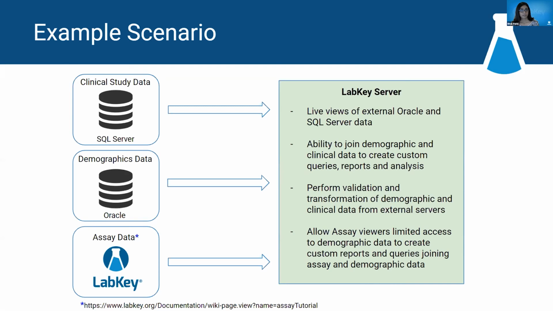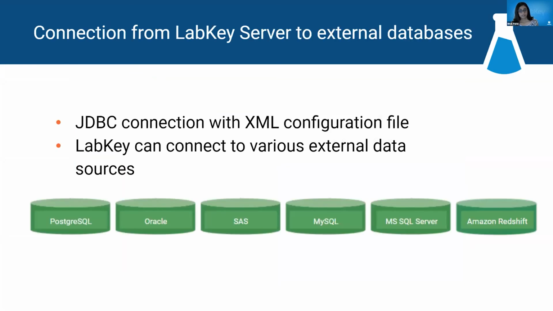So before we can do anything with these external data sources, we need LabKey to connect to them, and that is done via JDBC, defining an XML configuration file. You don't need to be an expert on JDBC here. All you need is a user ID, password, and a URL to your data source.